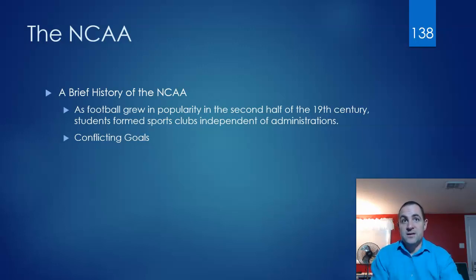Now, these rules often conflicted with the individual teams' intention to produce wins. Because of this, the different schools went about it in different ways, and basically what happened was the NCAA, the organization that oversaw it, was able to gain more power.